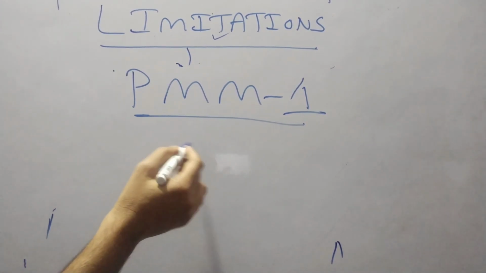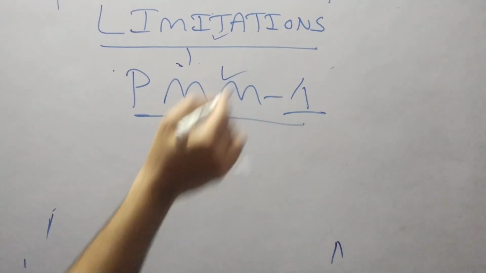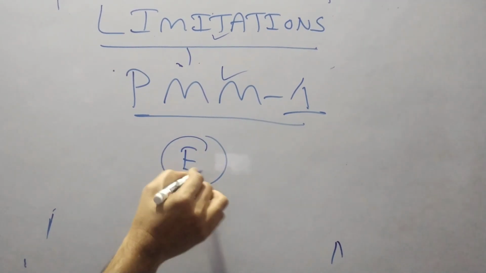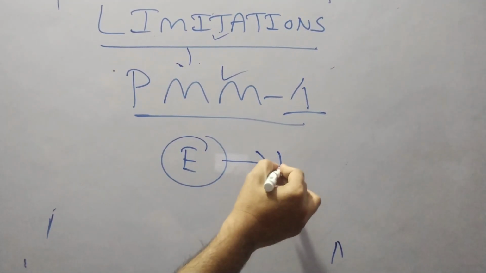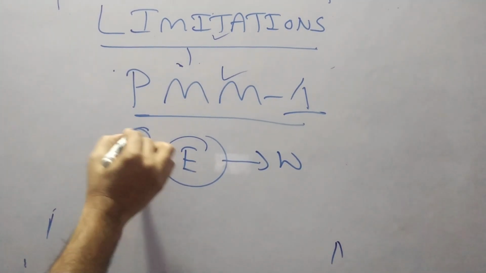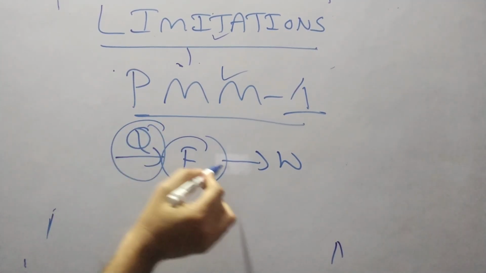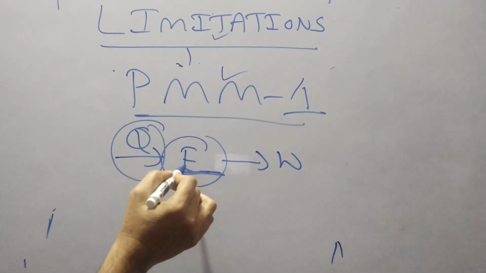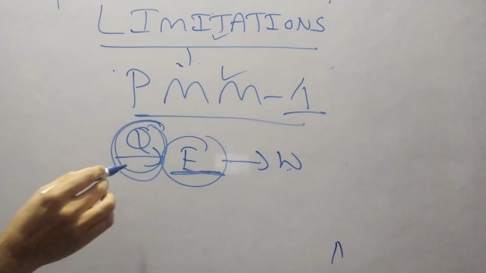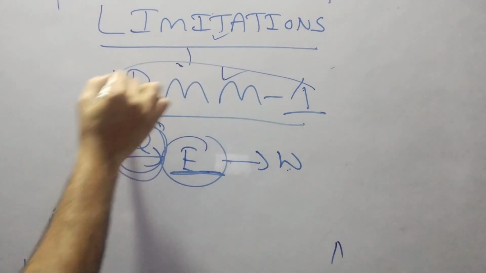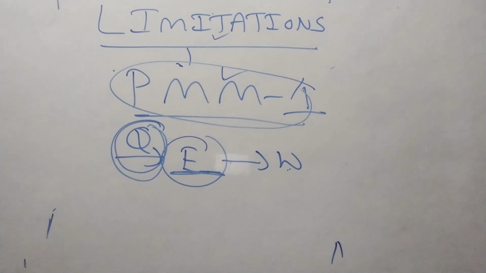Suppose an engine is producing work without consuming energy, that is Q. If the engine works producing work without taking any energy, that is known as a PMM1 machine. That is impossible in nature. So this condition comes in the limitation of our first law.